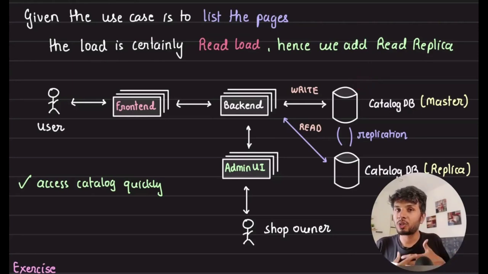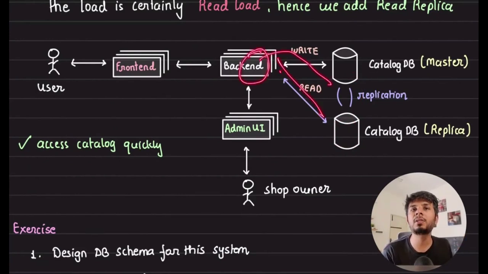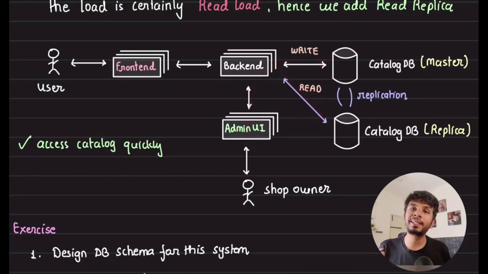So what do you do? You create a read replica over here and make changes in the backend so that it forwards some read requests to this and some to this also, right? So write requests would anyway go to master, but read requests can be distributed over these databases.